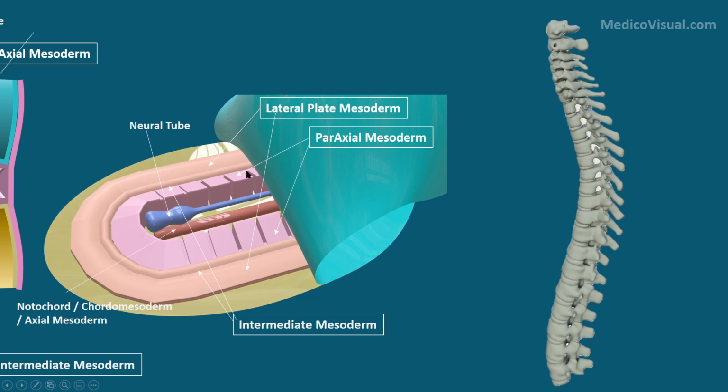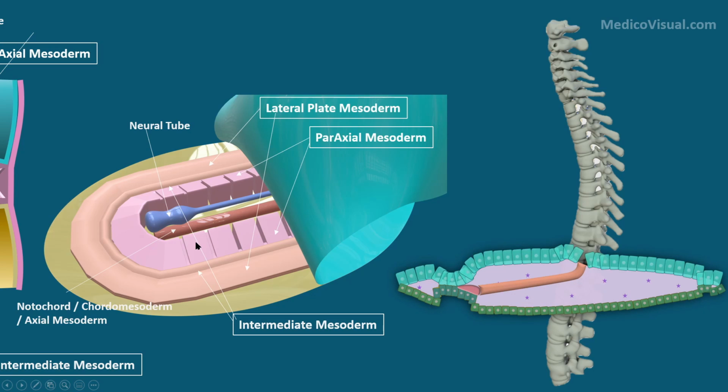These somites are isolated condensations of embryonic mesoderm, but the cranial most part of paraxial mesoderm does not take part in formation of somites. It remains partially segmented, and this cranial most part of paraxial mesoderm along with the precaudal plate and neural crest cells will be forming head mesoderm.